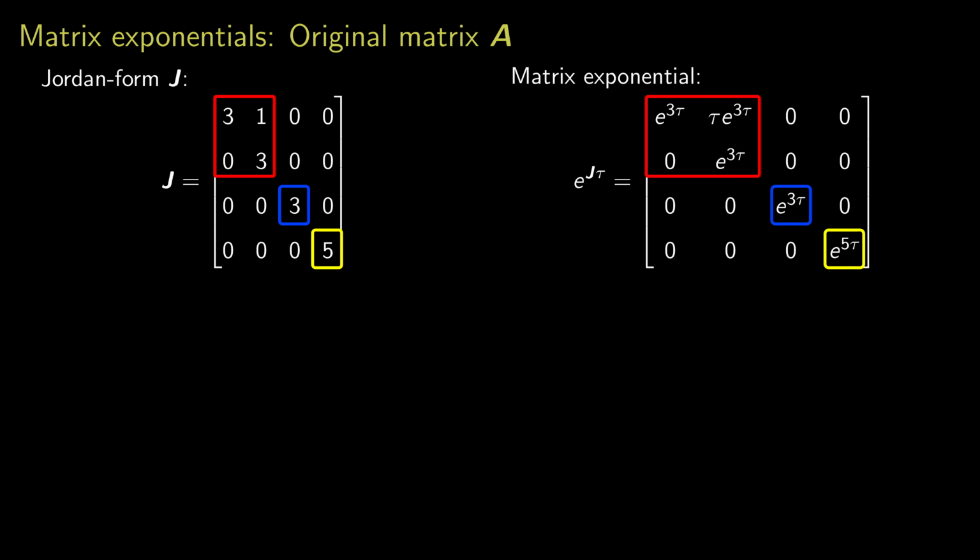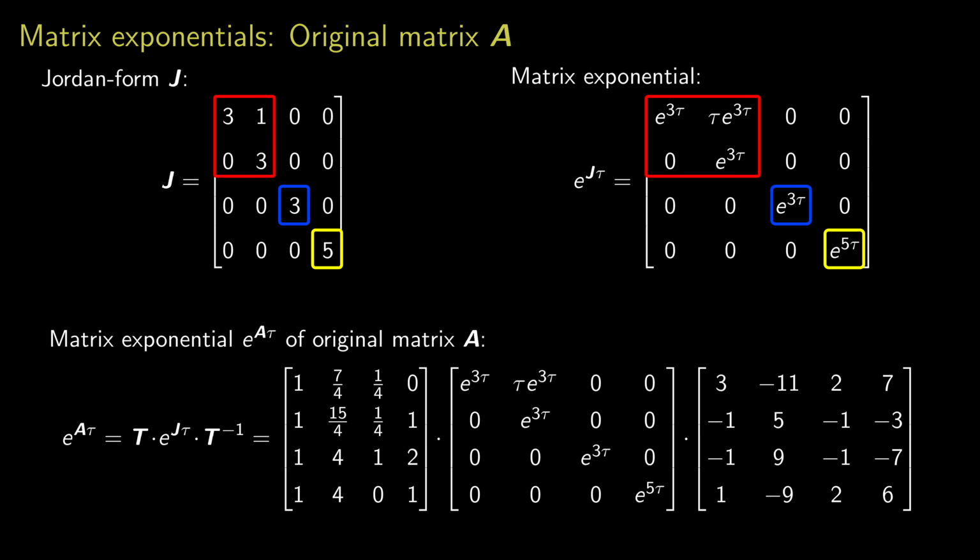As you can see, all the remaining entries of the matrix exponential function of the Jordan form outside of our Jordan blocks are simply filled with zeros. The matrix exponential function of the original matrix A can now be calculated by multiplying with the transformation matrix and its inverse, written down as matrix multiplication down here.